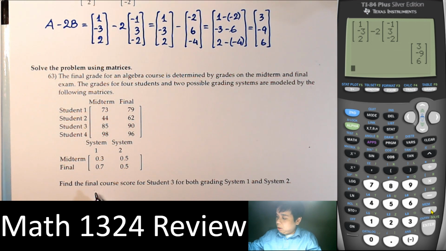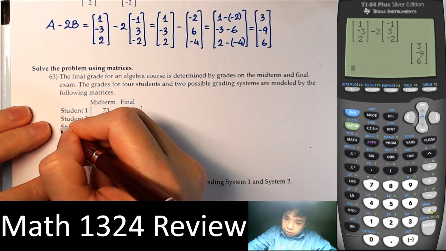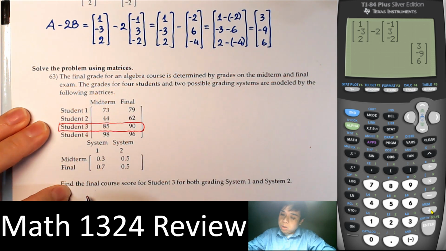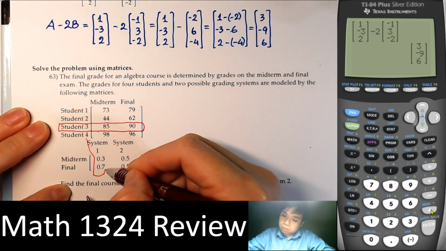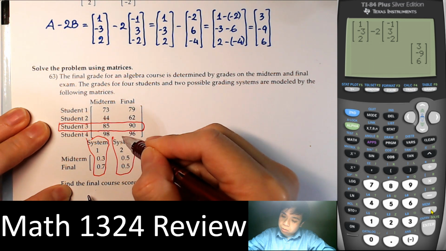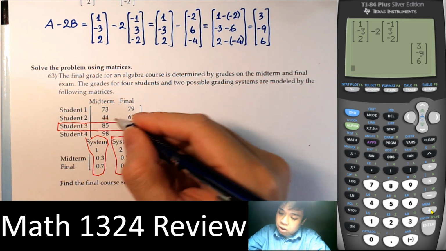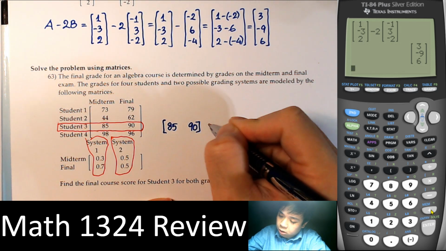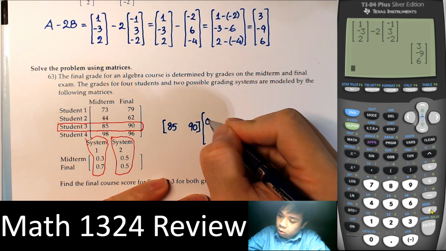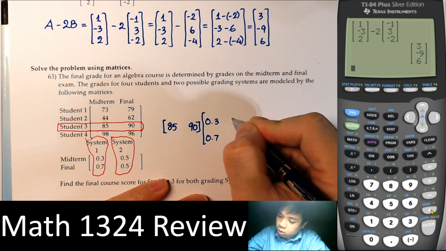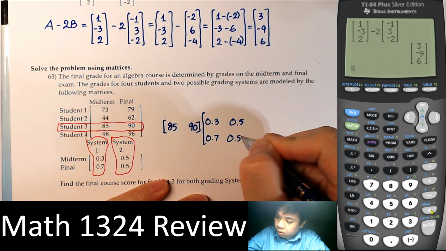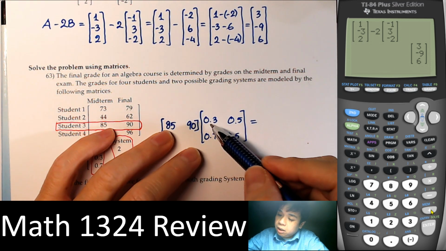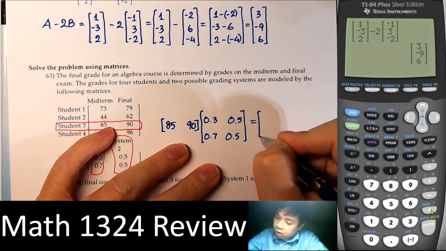So if we want student 3, we will use this row. And for both systems, we're going to use both columns. So we take this row times the columns of 0.3, 0.7, and 0.5, 0.5. So multiply row by column. 85 times 0.3, row times column.